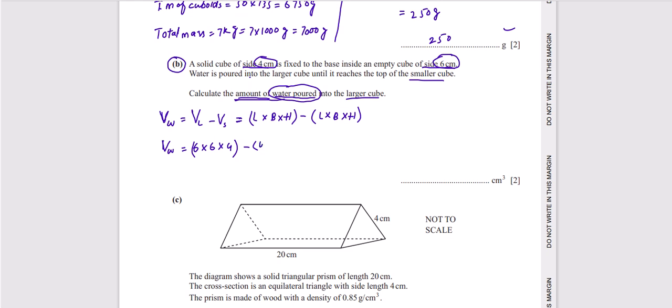So length is 4, base is 4 and height is also 4. Multiply these values, we get 144 minus 64. So subtract these values, we get 80. So the final answer is 80 centimeter cube.